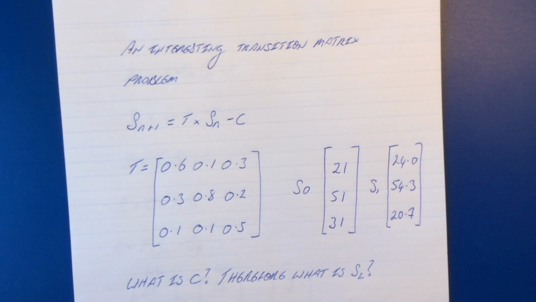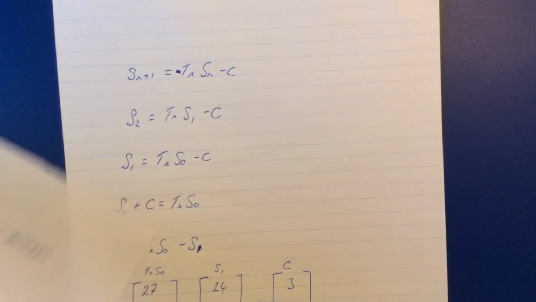Well, this does pose an interesting problem, and it requires a little bit of algebra to sort out how to do this. So here we go. I've done this already because it's very, very easy to get lost in this stuff.